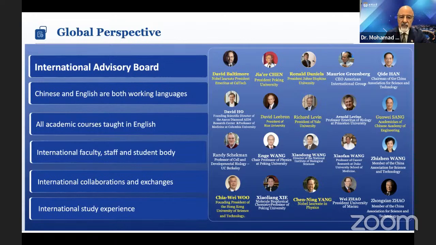International faculty, I just mentioned, gives us access to local and international levels of faculty, international collaboration and exchange, and international study experience. After a couple of years, a student can go abroad for a short exchange, or what we call an internship for collaboration, not only for visiting.